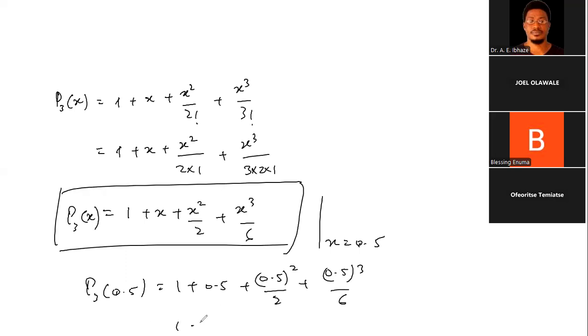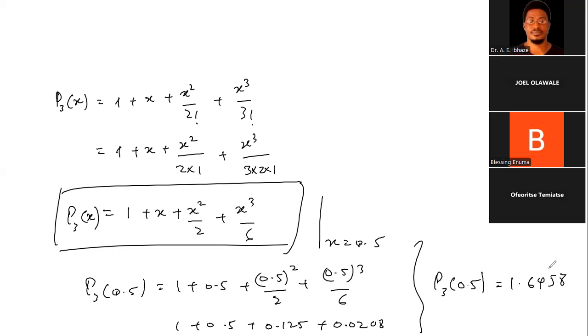So this will give us 1 plus 0.5 plus, this will become 0.125 plus 0.0208. So we're going to have P3 of 0.5 to be the same as 1.6458. Okay.